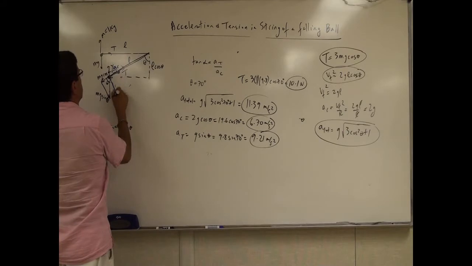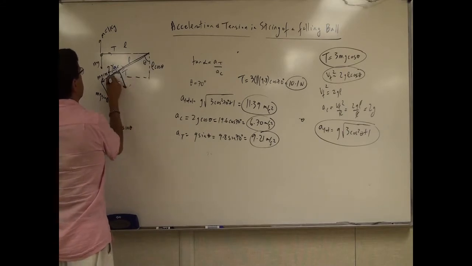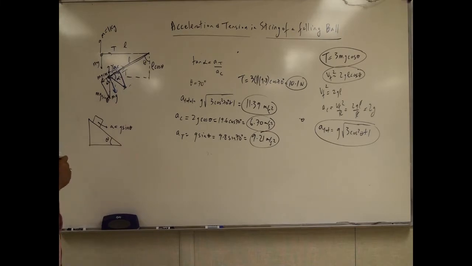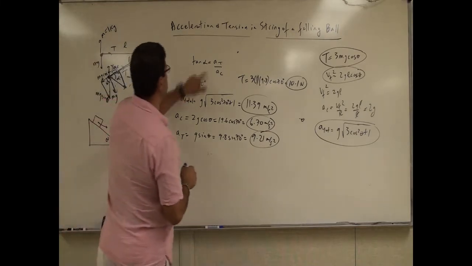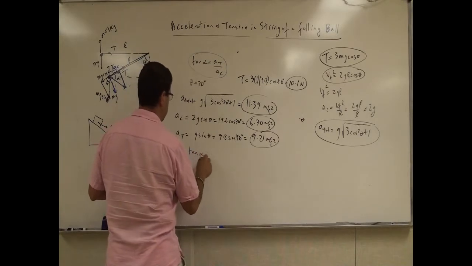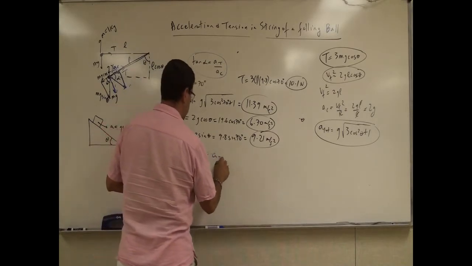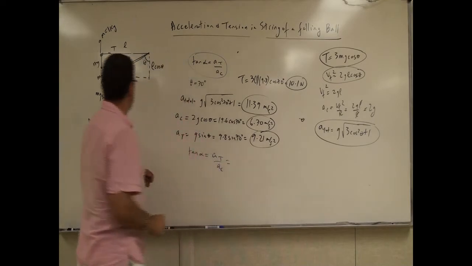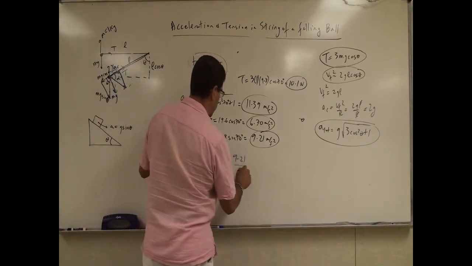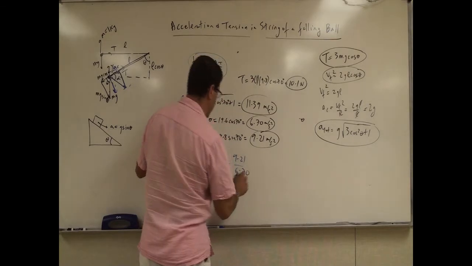When I put this to the tip of this, I'm going to get this angle here. We define this angle as alpha, right? Then what's going to be alpha? We can say tangent of alpha is A tangential over A centripetal. Okay, so we're going to have 9.21 over 6.70.